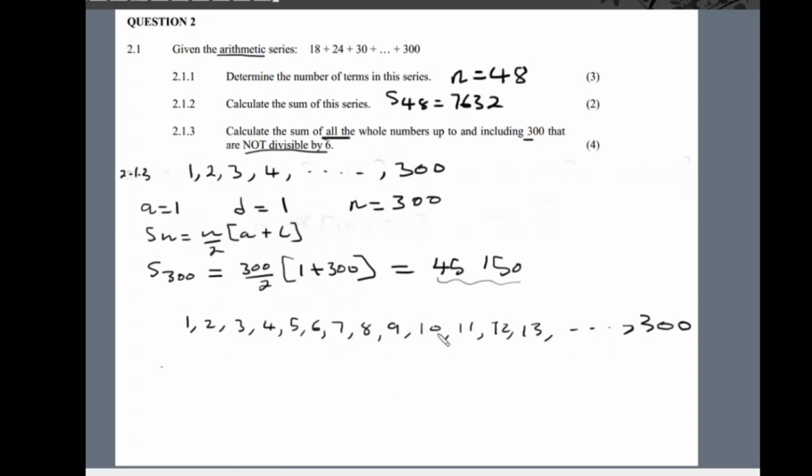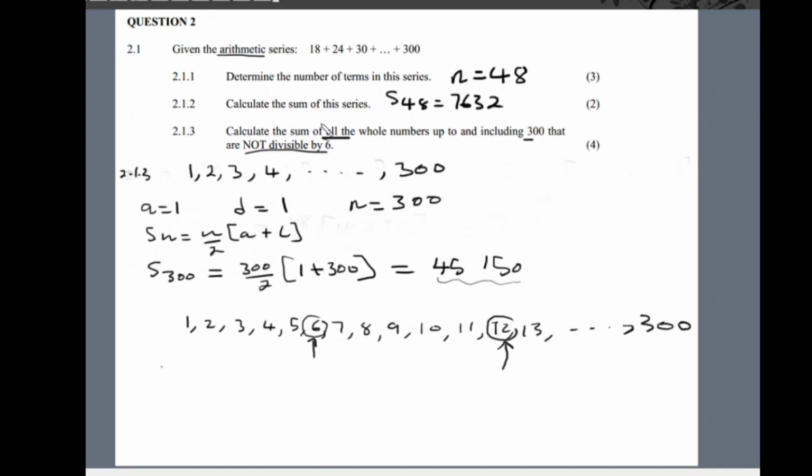We have the sum of all these terms, including those that are divisible by 6. So looking at this list, this one is divisible by 6, because 6 goes into 6 once, and then this one is also divisible by 6, right? And then we only want those ones that are not divisible by 6. We want the sum of all the terms, but then exclude these ones that are divisible by 6.